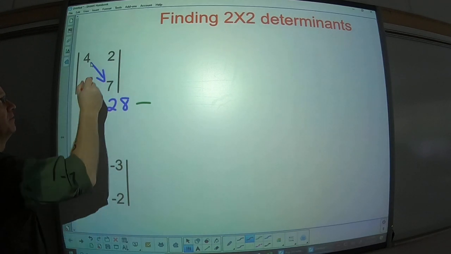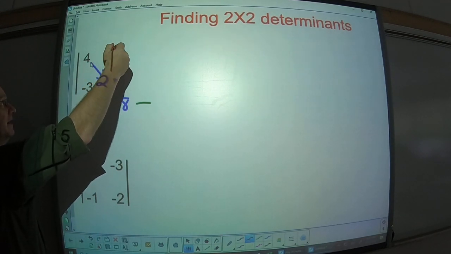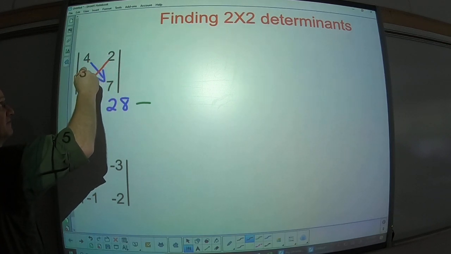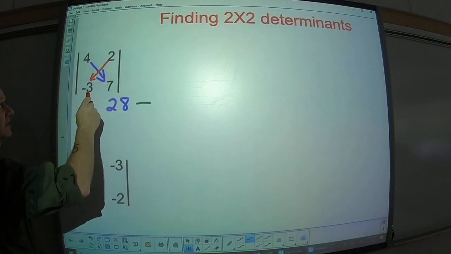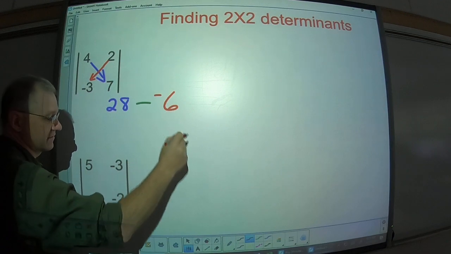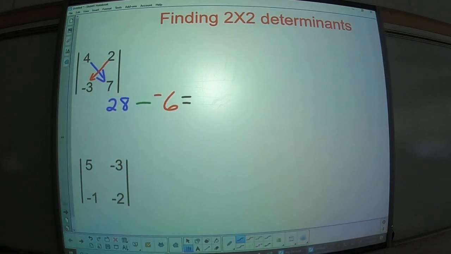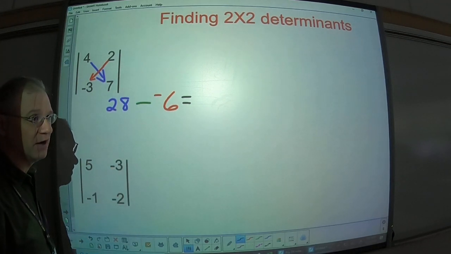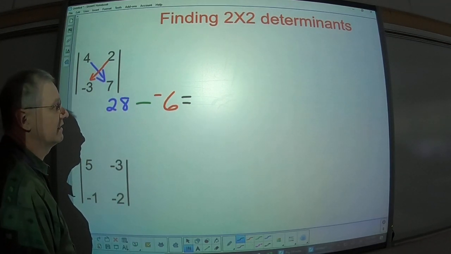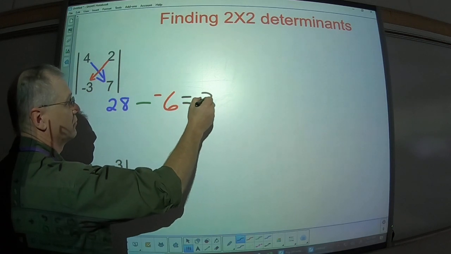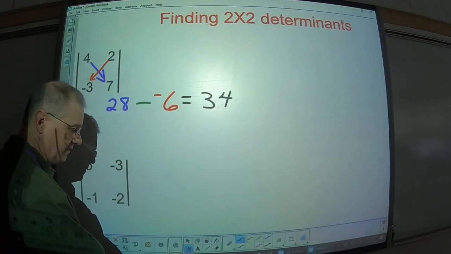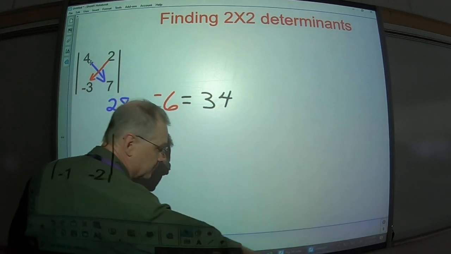And then you multiply diagonally from the upper right down to the left, so backwards. 2 times -3 is -6. The result is the determinant. Now in this case, negative is a positive, so 28 plus 6 would be 34. And that would be your determinant.